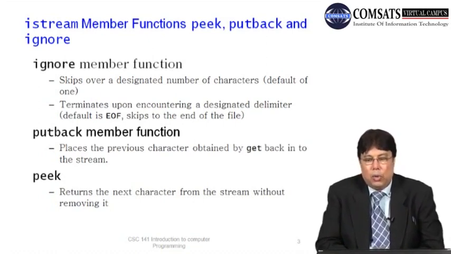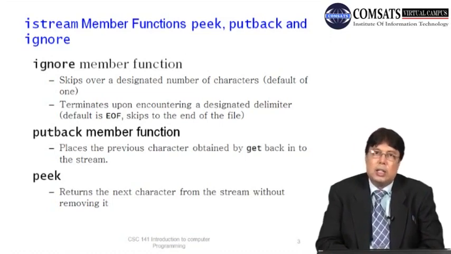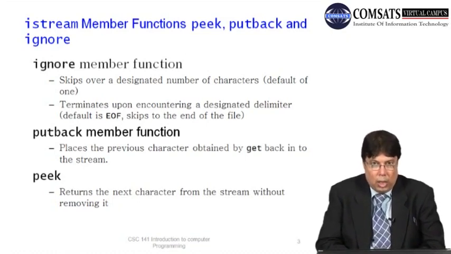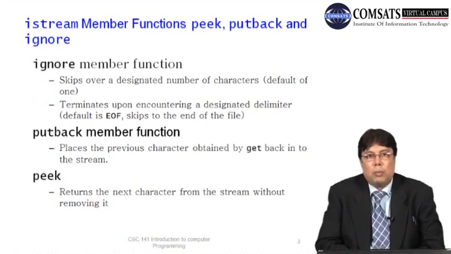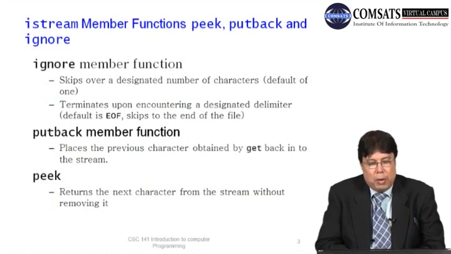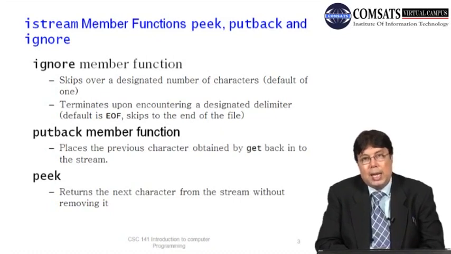You can ignore it. By default it can ignore one character, or you can provide the designated number of characters that you want to be skipped, or the iostream may ignore it from reading it or extracting it.